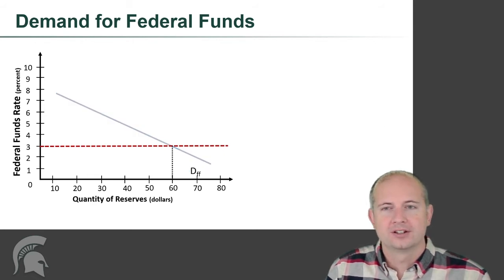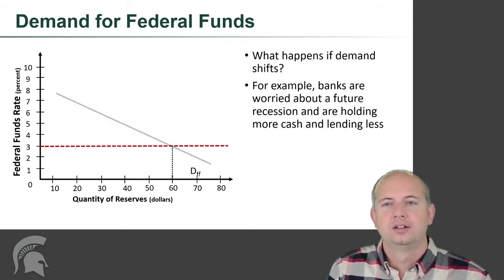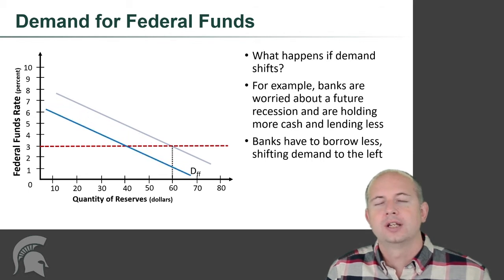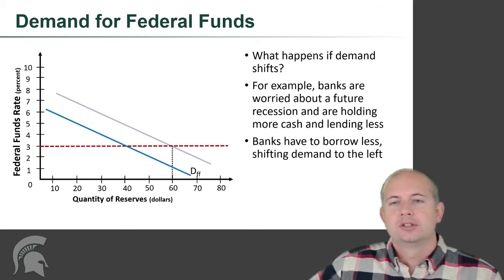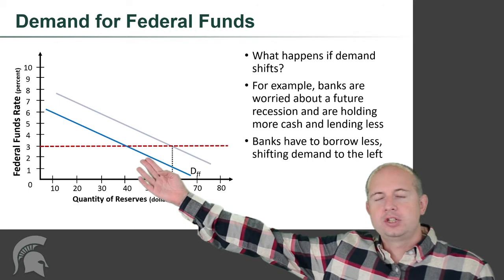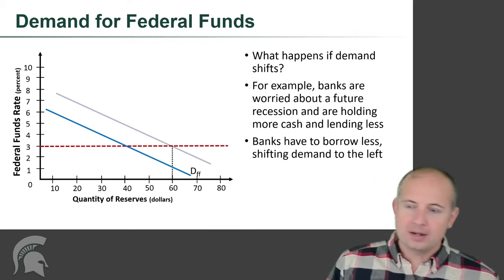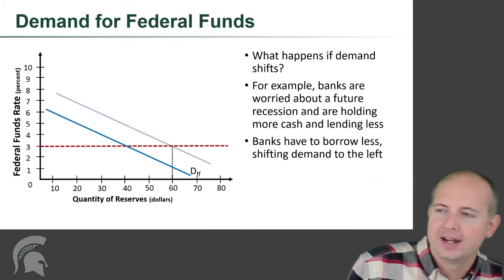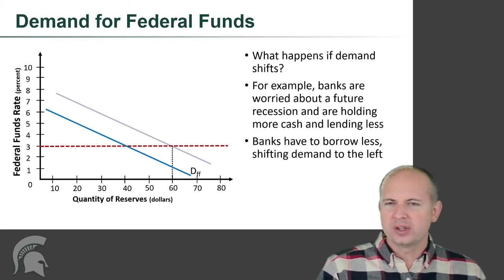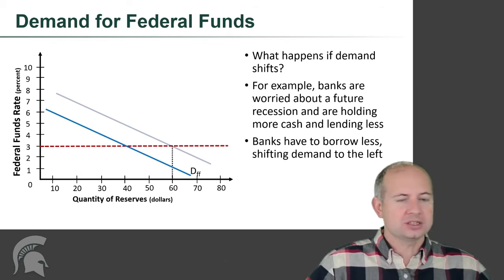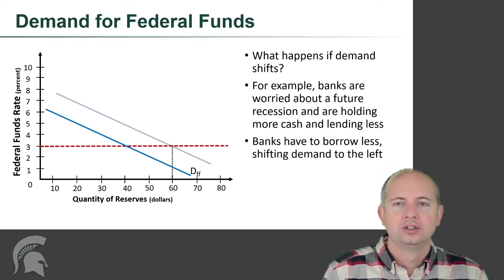So let's see what that looks like. That's going to look like that. So demand was the gray, shifts to the blue, because now I'm not really that interested in borrowing from the Fed. I'm not really loaning much money. I'm just holding on to what I have. So again, this is just banks' preferences changed.